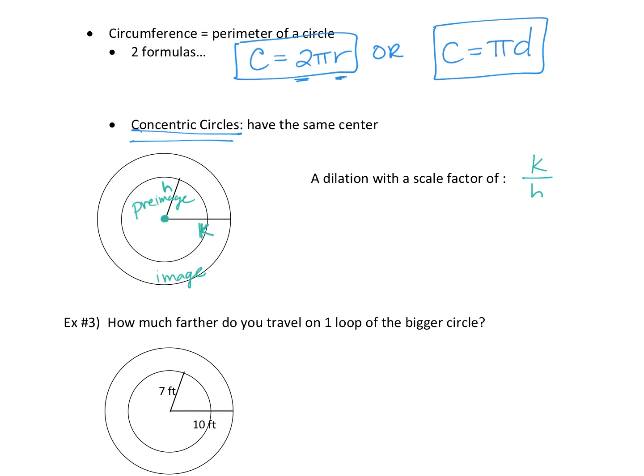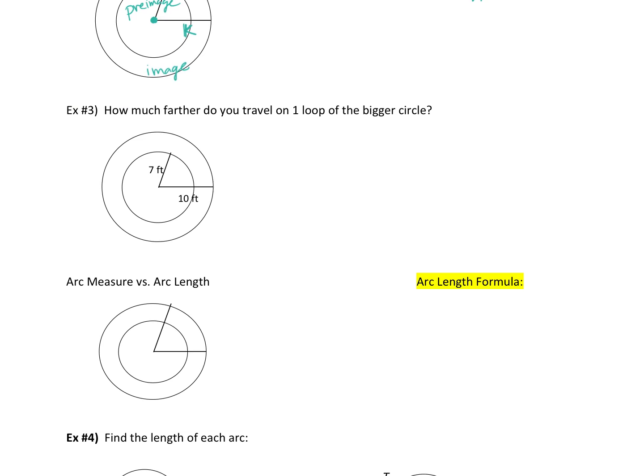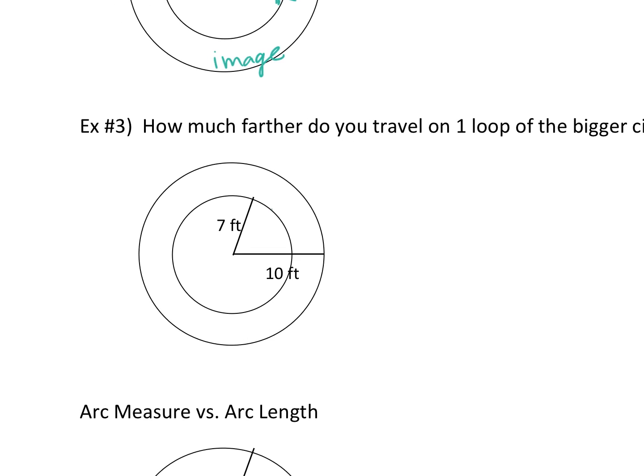We're going to try a problem that uses this circumference idea. Any of you watch NASCAR? NASCAR always turns what direction? Always left. So let's say you have a car and you are going to be driving that car in a circle. I know NASCAR is not a circle, but use your imagination.